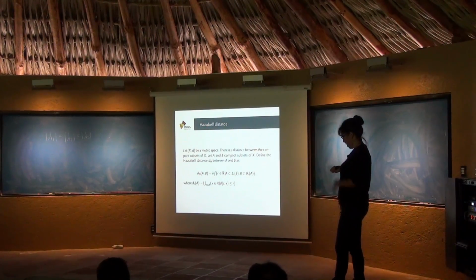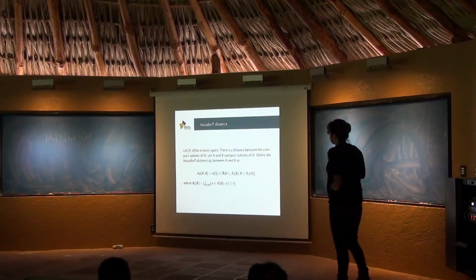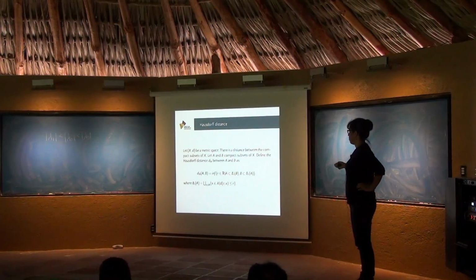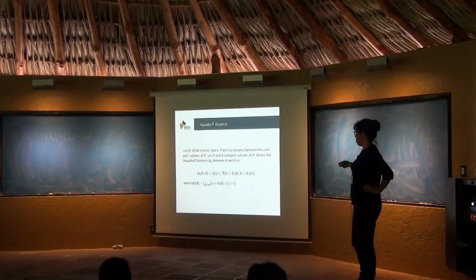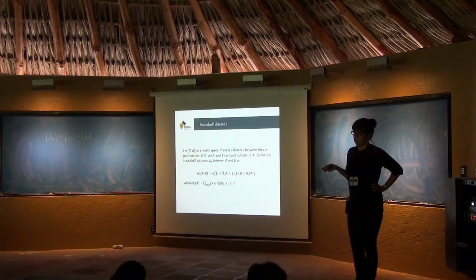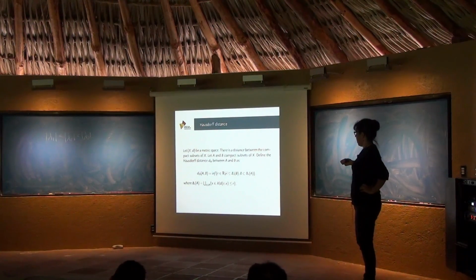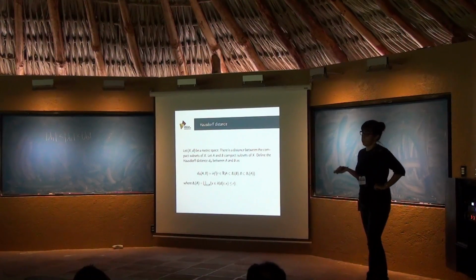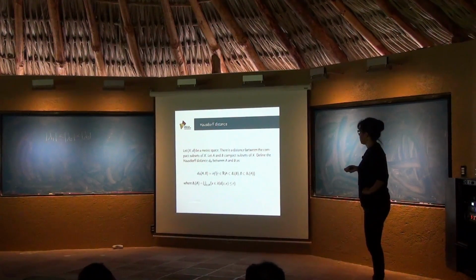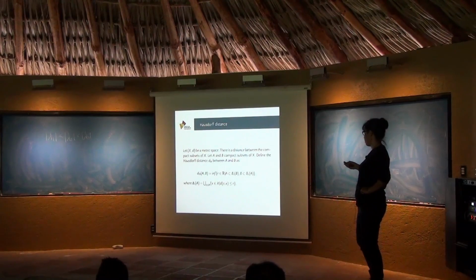So we introduce the Hausdorff distance for compact subsets of a metric space, defined as the infimum of the radius R of the neighborhoods such that the set A is contained in the R neighborhood of B, and B is contained in the R neighborhood of A. So this is the Hausdorff distance.